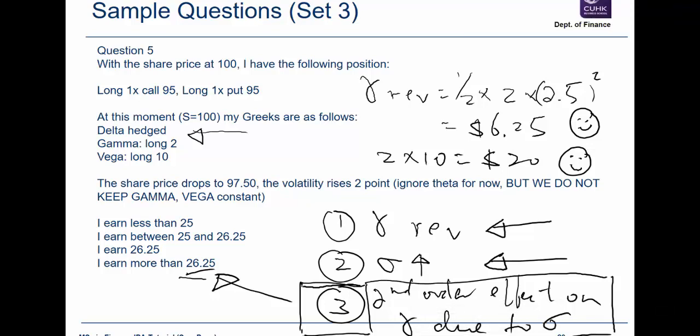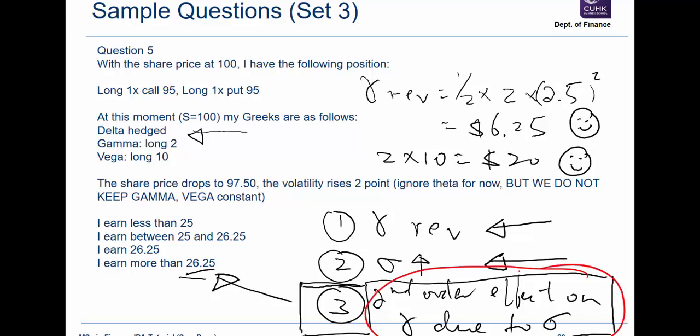You know what? Actually, let's keep it easy, nice and simple. Because of that ambiguity, the only thing that you can tell certainly is that there is gamma revenue, number one, okay, and there is money to be made from the increase in vol, so you know that too. And number three, your gamma should also go up as you get nearer the money. Okay, now I know we discussed this.